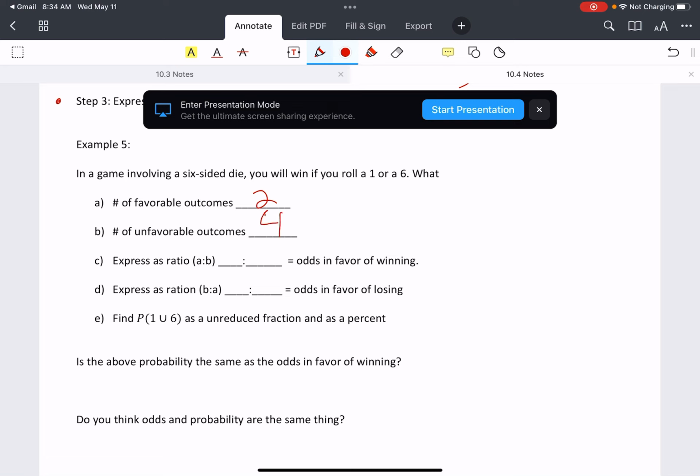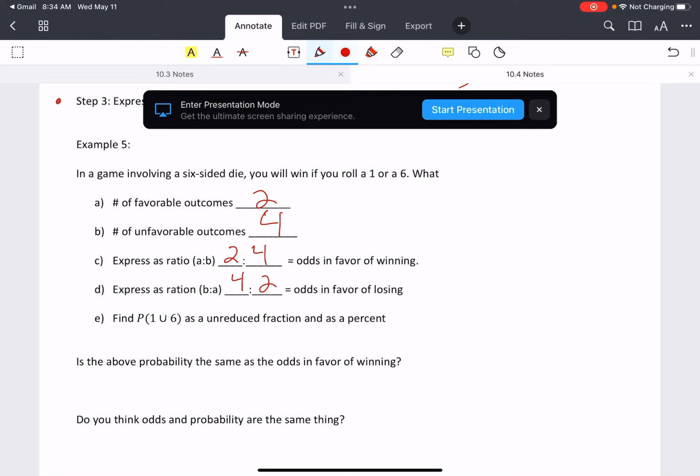So if I want my odds in favor of winning, I'd say 2 to 4. But my odds in favor of losing would be 4 to 2. We're doing okay?